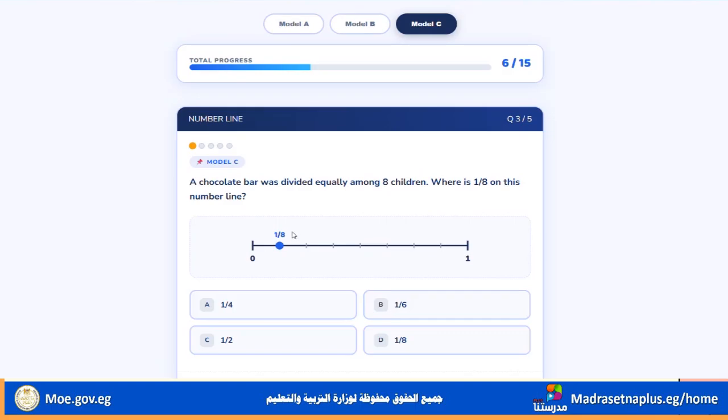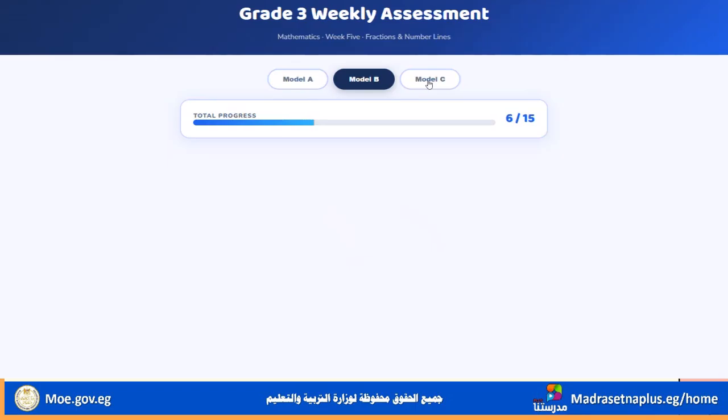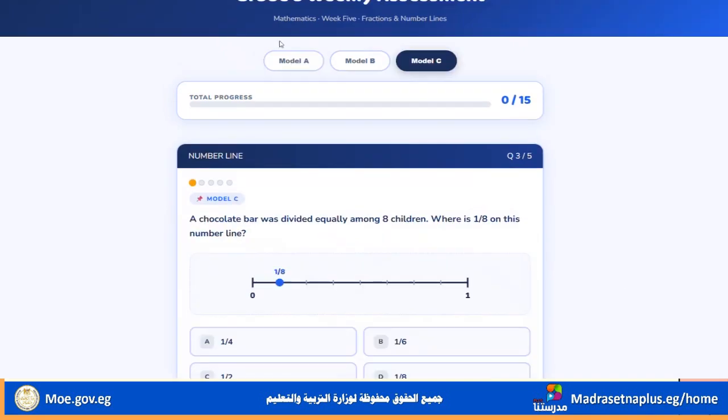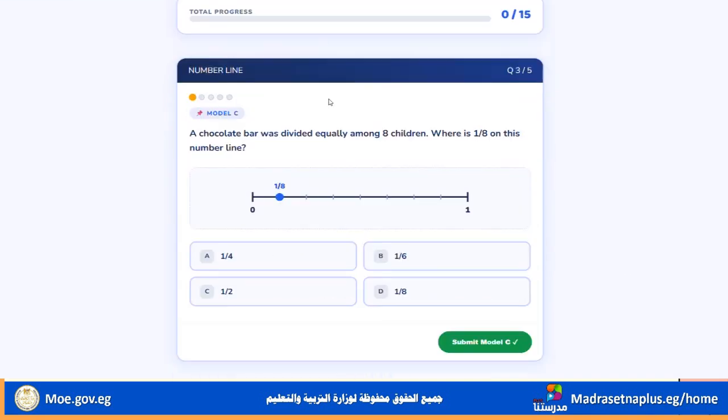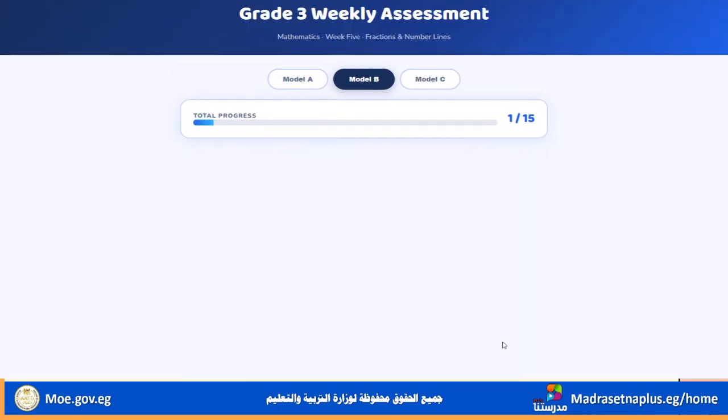So each part represents 1/8, like model A, model B, and model C. You can see they are all the same. 24 divided by 8 equals 3, and so on.